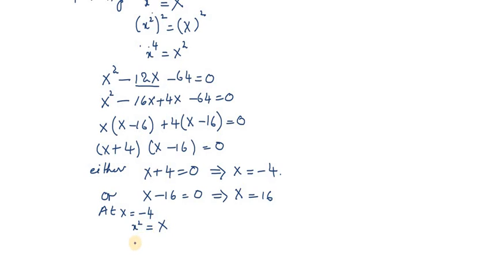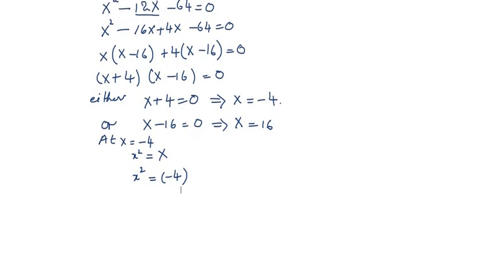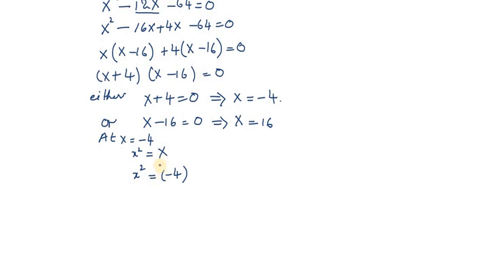We suppose x square is equal to capital X, so the value of x square is equal to capital X, which is minus 4. For removing the square, plus minus root of minus 4.